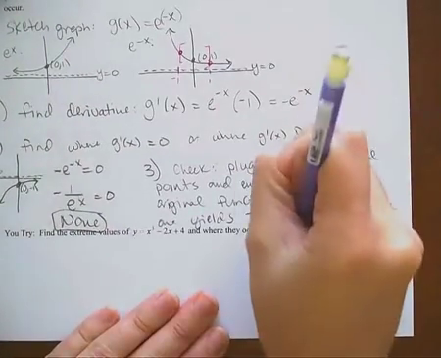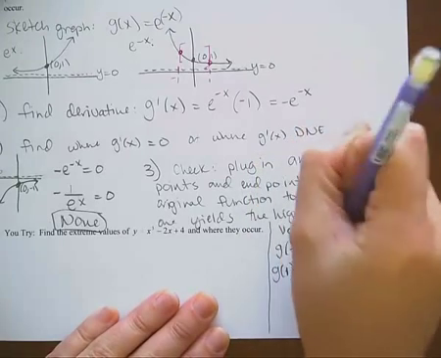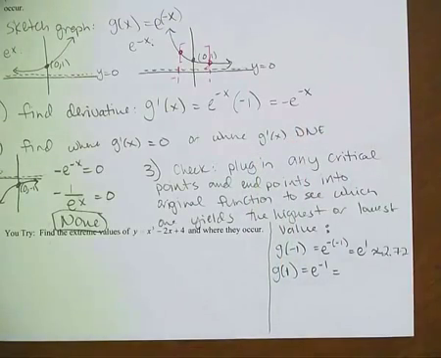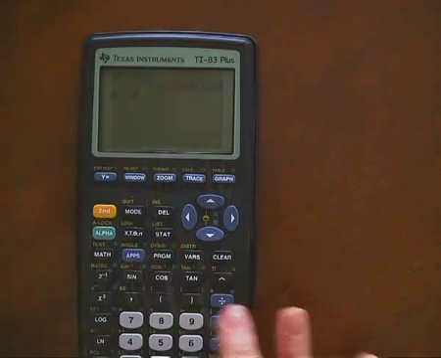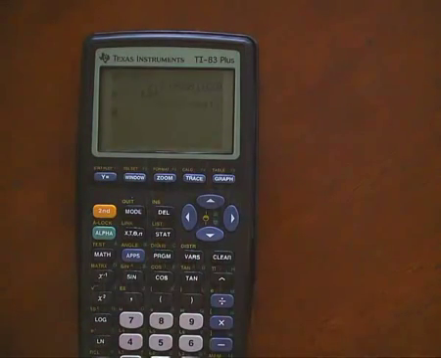And then when I plug in the other endpoint, I get e to the negative 1, which is approximately 0.37.